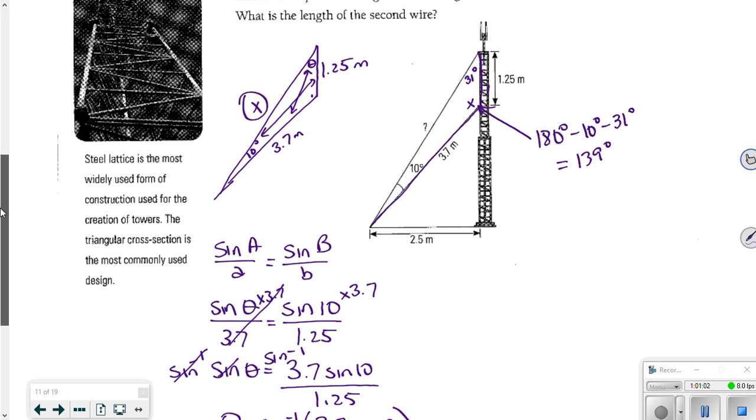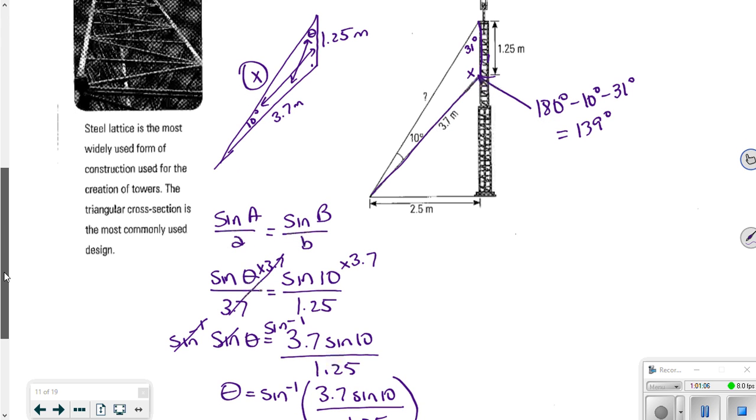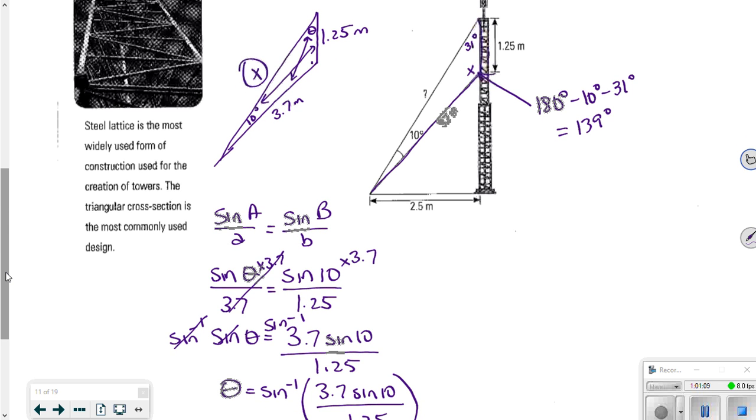And now I can solve for the side that I want. So I'm going to just redraw this triangle one more time. This is my 139. This is the side I'm solving for.